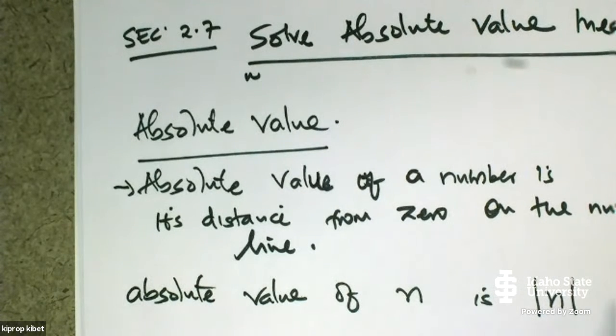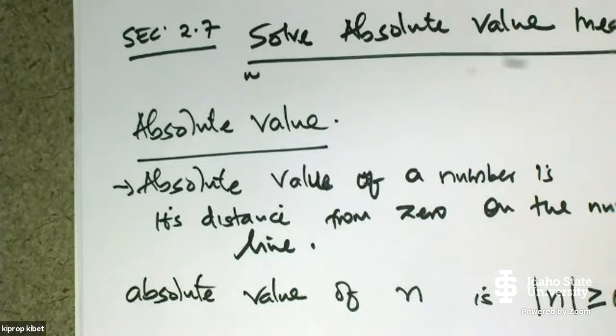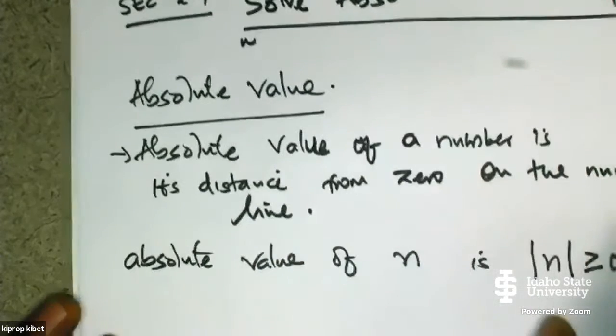And always this is greater than or equal to 0. So the absolute value is not negative; it will not give us a negative. It should be 0 and the numbers after 0. The absolute value cannot be negative.